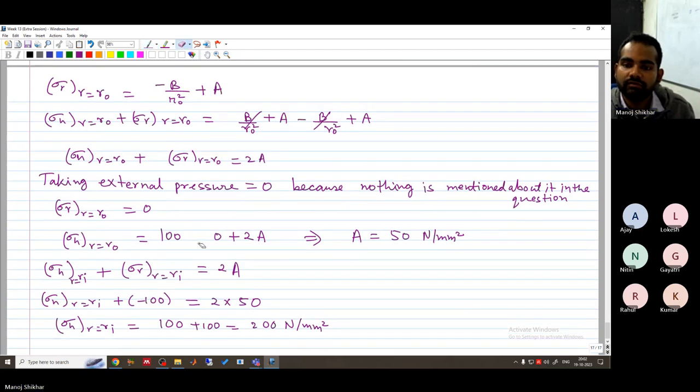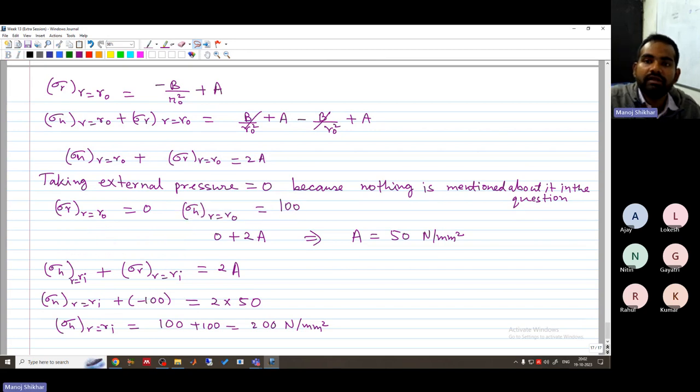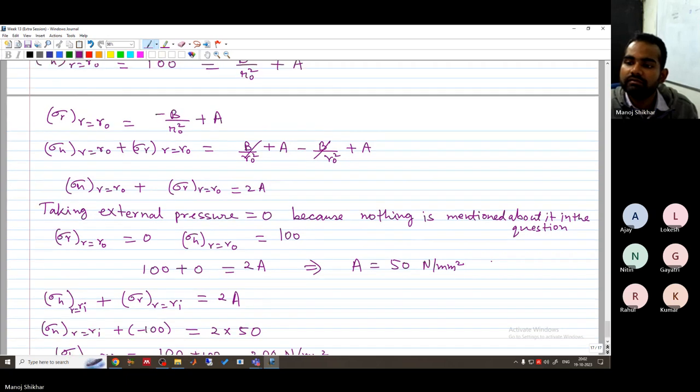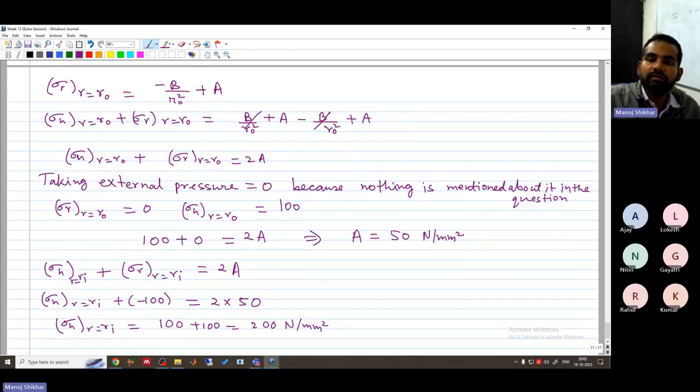So sigma h at r0 is 100. Putting the values here, we have 100 plus 0 equal to 2a. So from here we have a equal to 50 Newton per mm square.